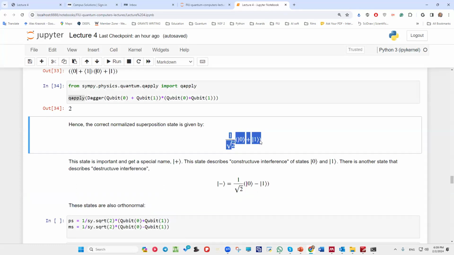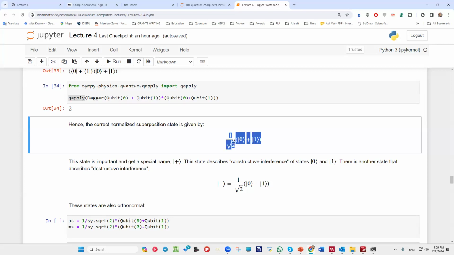This state also is of particular importance because this is a state of perfect superposition of two basis vectors, 0 and 1.